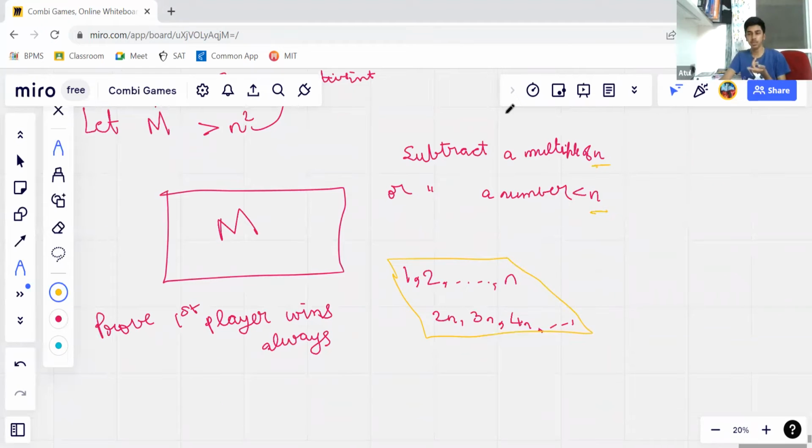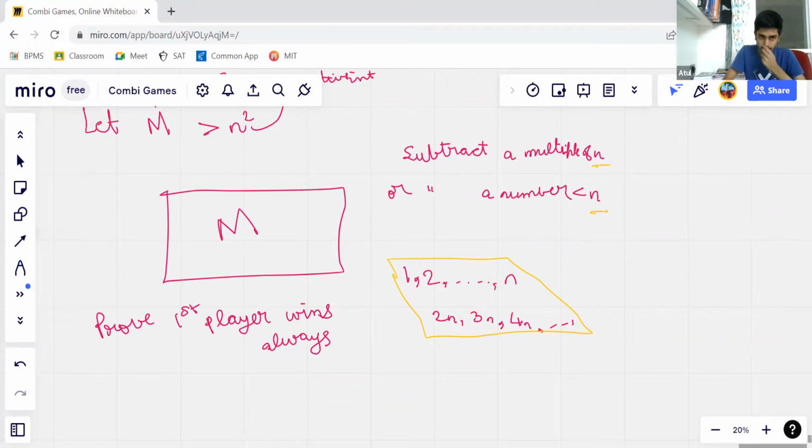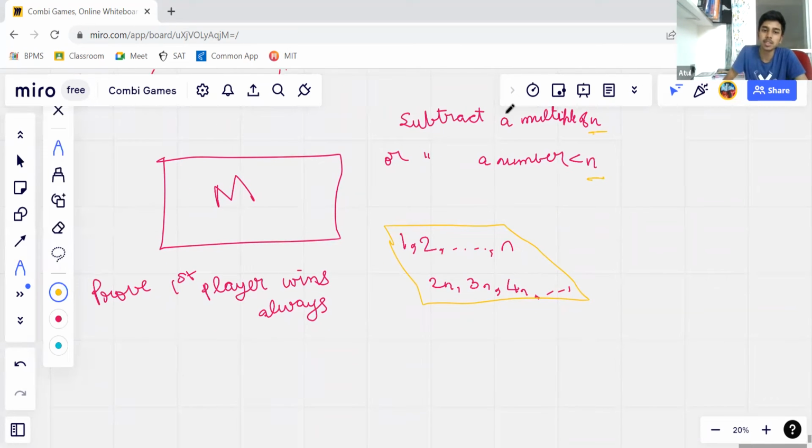So the scam approach is this. Suppose the second player instead had a winning strategy, right? So the first player replaces m with m minus n first. So suppose the first player replaced m with m minus kn.